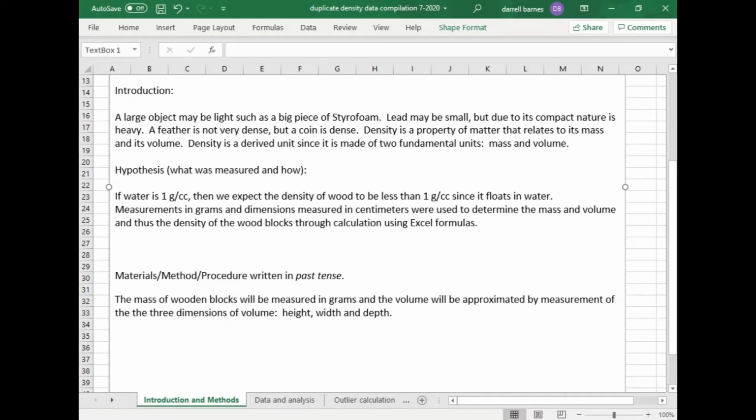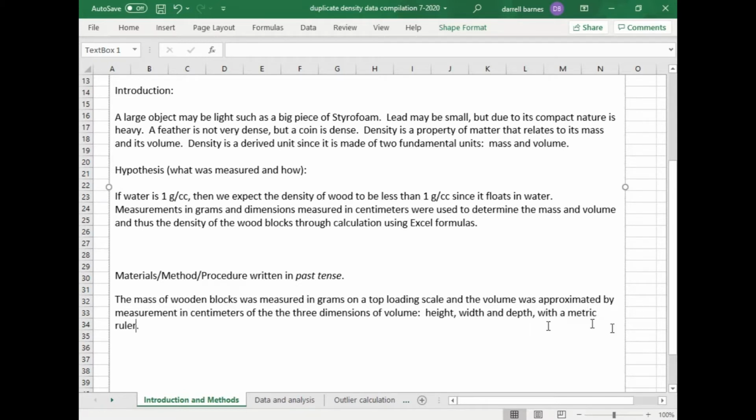The mass of the wooden blocks was measured in grams on a top loading scale, and the volume was approximated by measurement in centimeters of the 3 dimensions of volume: height, width, and depth, with a metric ruler.